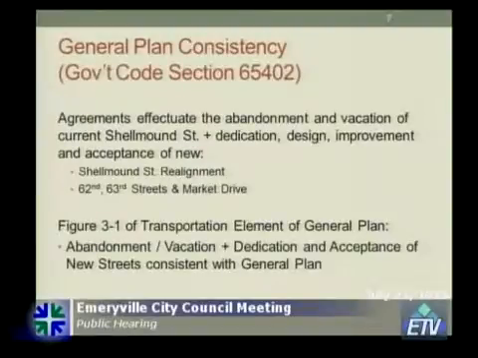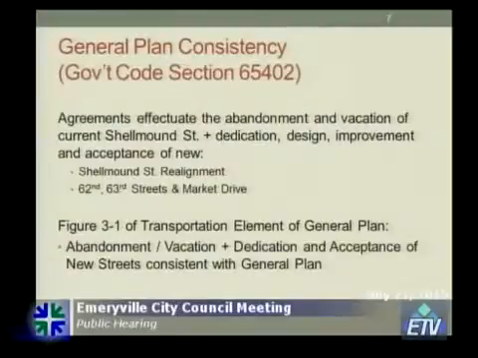In terms of the general plan consistency, the property exchange agreement and the streets improvement agreement effectuate the abandonment and vacation of the current Shellmound Street, along with the dedication, design, improvement and acceptance of the new marketplace streets, the realigned Shellmound Street, 62nd and 63rd Streets, and Market Drive. All of that is consistent with the transportation element in the general plan.